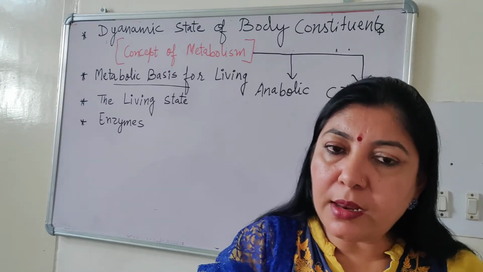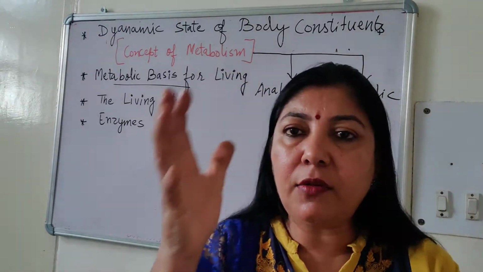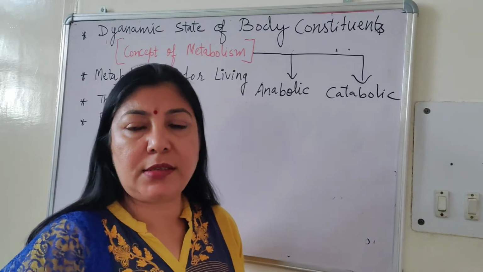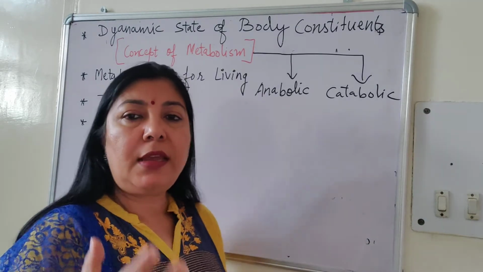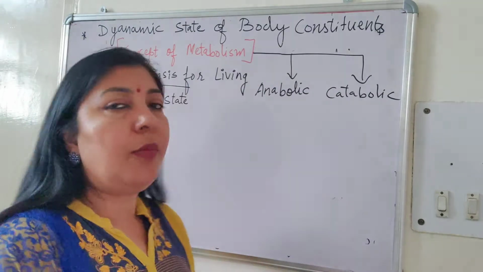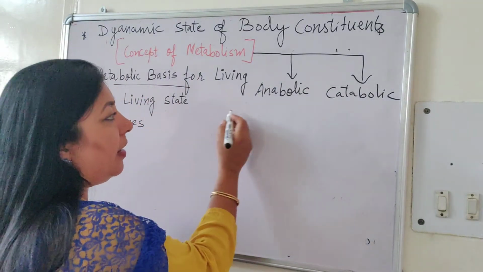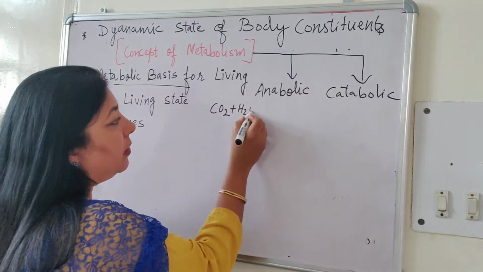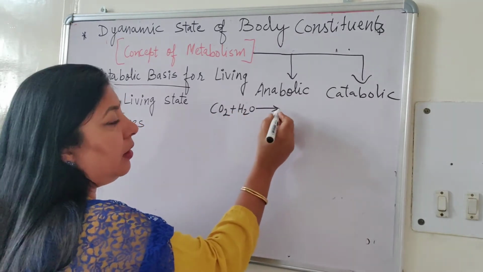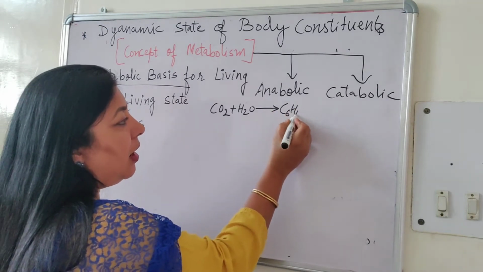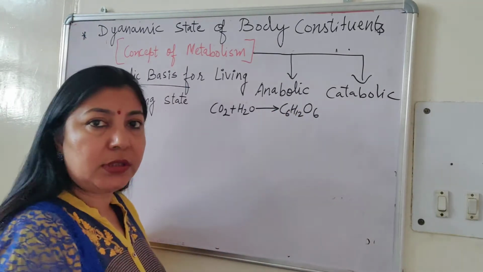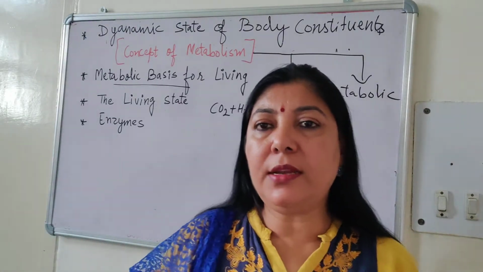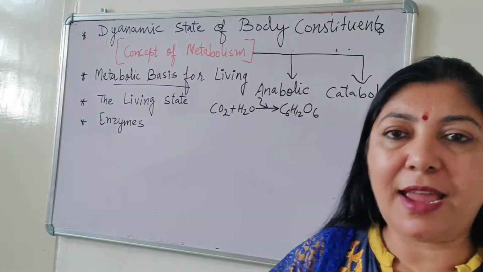For example, photosynthesis. Photosynthesis is a sum total of anabolic reactions because carbon dioxide and water combine together to form C6H12O6, that is glucose, and solar energy is required. So it is a sum total of anabolic reactions.